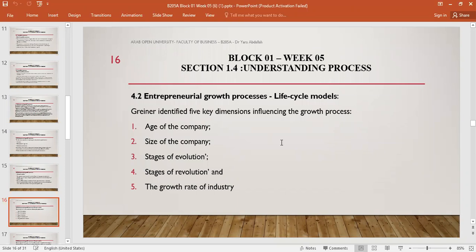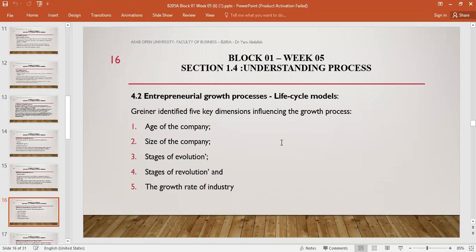I'm concerned about the age of the company, about the size of the company, about the stages of evolution, the stages of revolution, and the industry growth rate in which the firm lies.